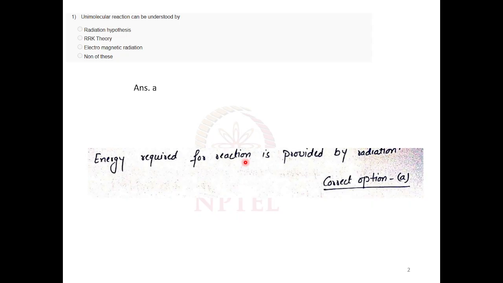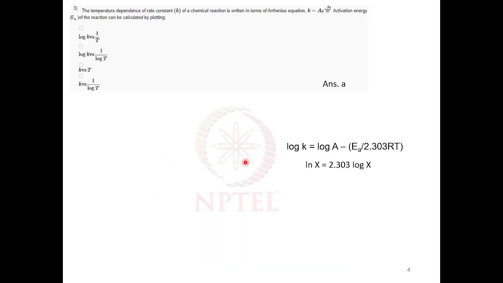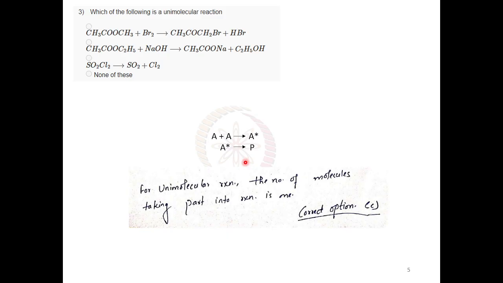So the first question on the unimolecular reaction is all about the rate constant as well as pressure. How does the rate constant change with changing pressure? This is about the calculation of the activation energy Ea value. Then this is for the unimolecular reaction.